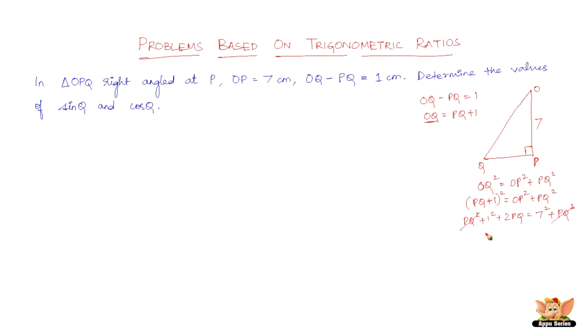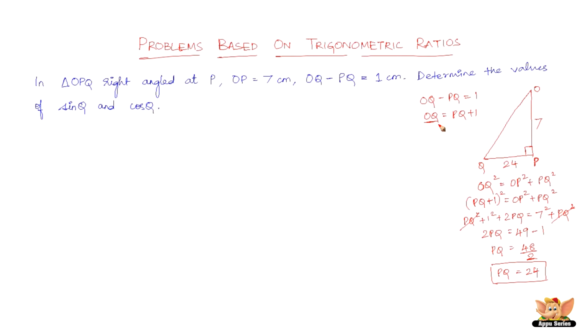So we've got 2PQ equals 7 square, which is 49, minus 1 square, which is 1. So it is minus 1. So 2PQ equals 48, so PQ should be equal to 48 by 2, which is 24. So we've found the value of PQ, which is 24.